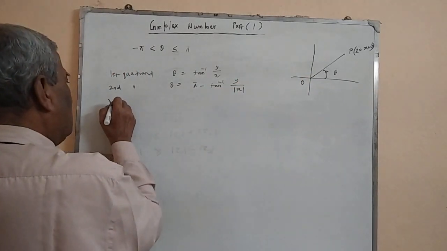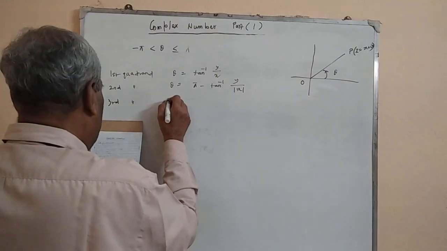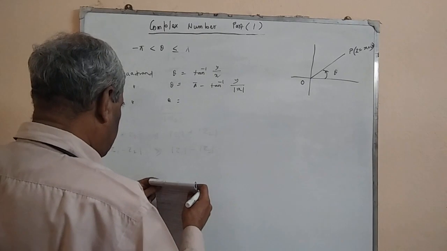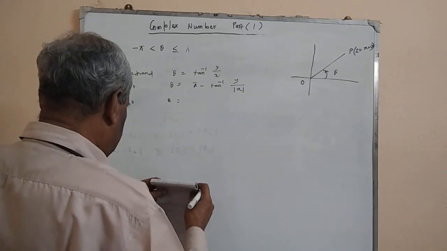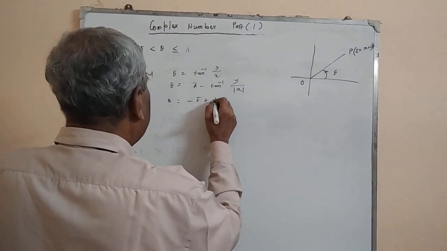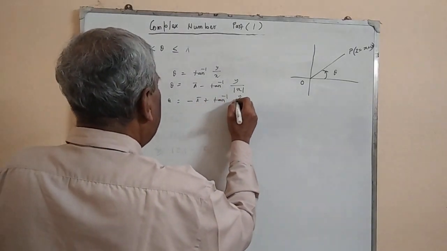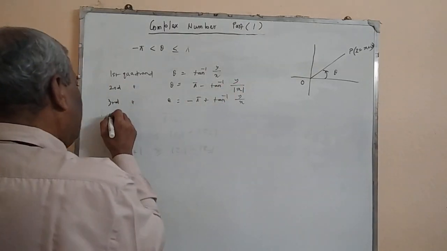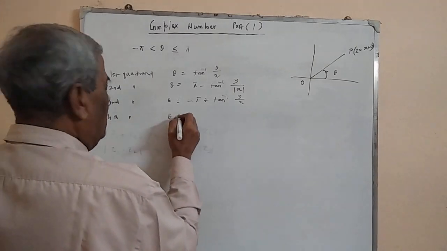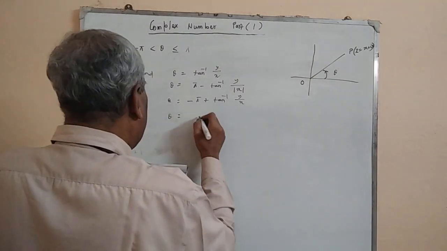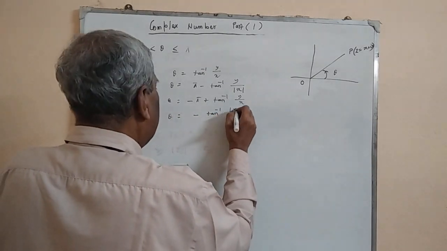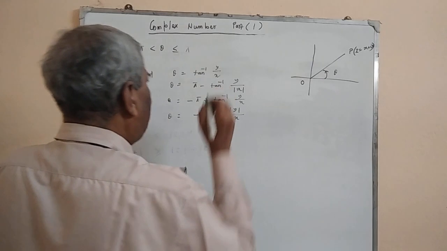If Z lies in the third quadrant, theta will be equal to minus pi plus tan inverse y by x, and finally if it is in the fourth quadrant, theta will be equal to minus tan inverse mod y by x.